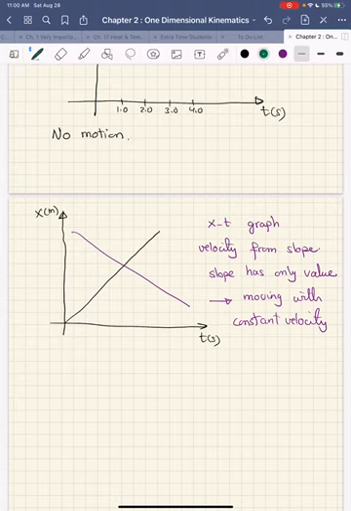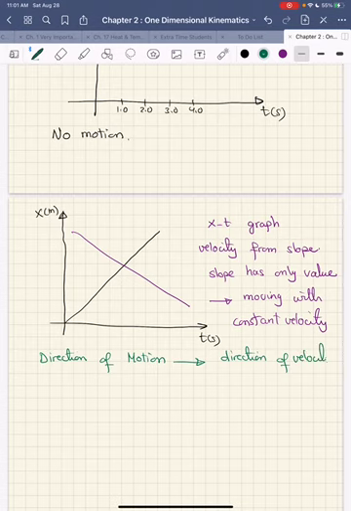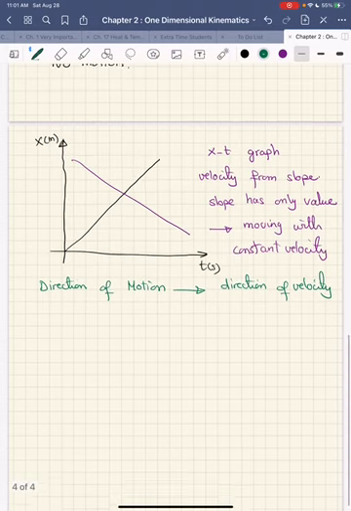Always when you want to know something about the direction of motion, you need to know that the direction of motion has to do with the direction of velocity. If your velocity came to be negative, this means that the object is heading west. If your velocity came to be positive, then your object is heading right, or east.